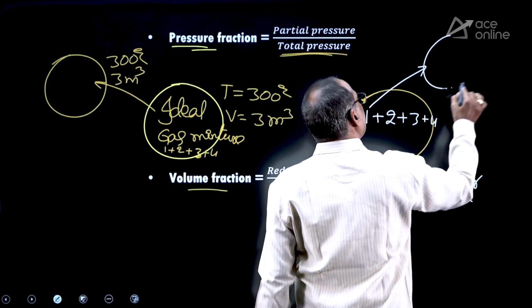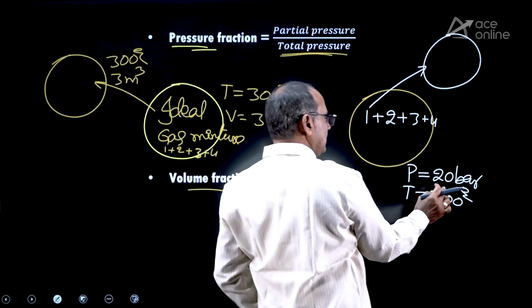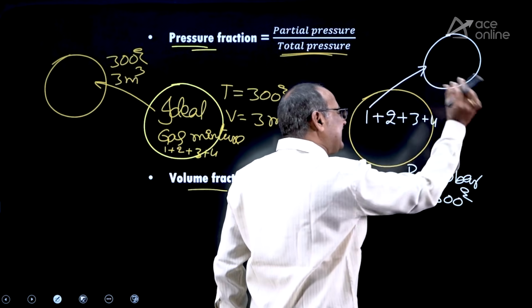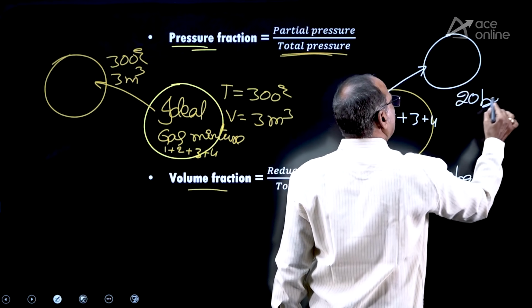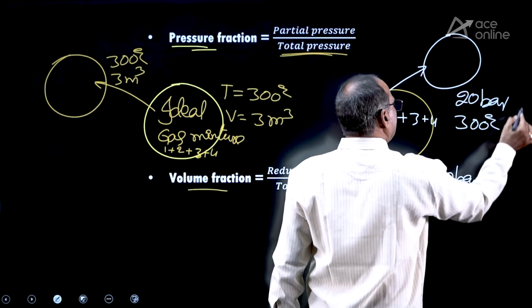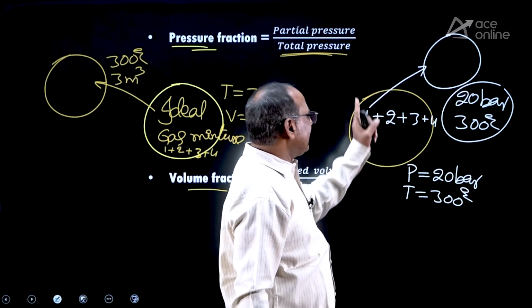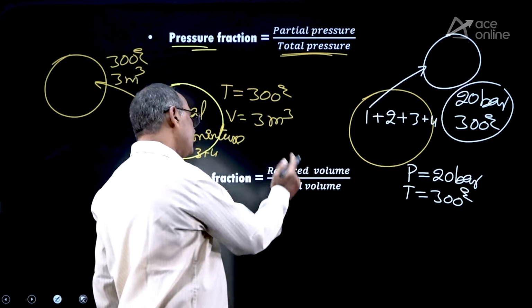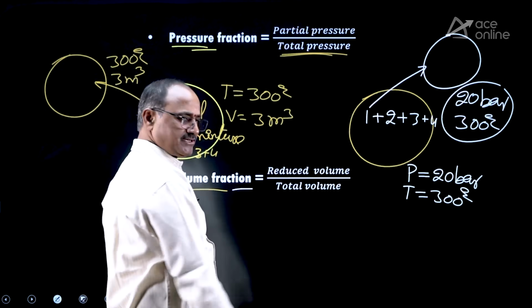You place that separated ideal gas at the mixture pressure of 20 bar and maintain the mixture temperature of 300 degrees centigrade. With this combination, whatever volume that separated ideal gas is maintaining is called reduced volume. That reduced volume divided by the total volume of the mixture gives the volume fraction.